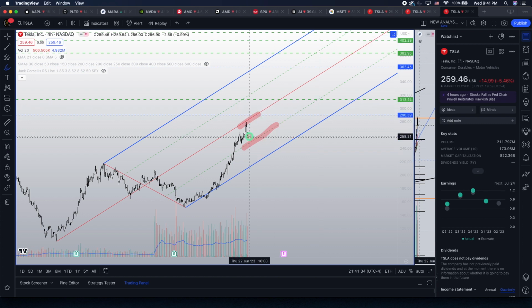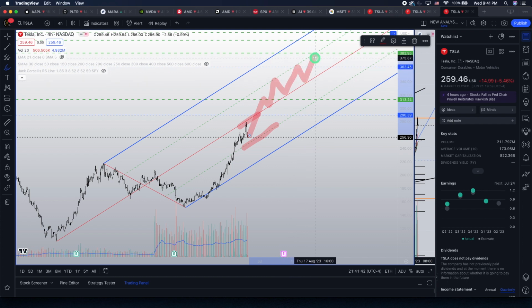Likewise, if we can come back up here and break this median line, then we're looking for ascending levels of support and resistance in this third quadrant, and then this fourth quadrant if we break into that. So that's how I like to use that.